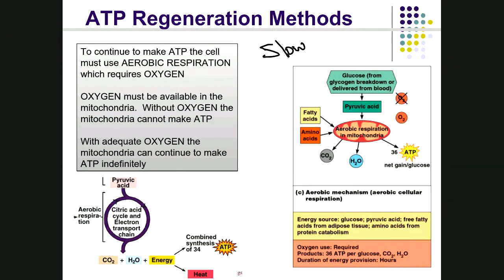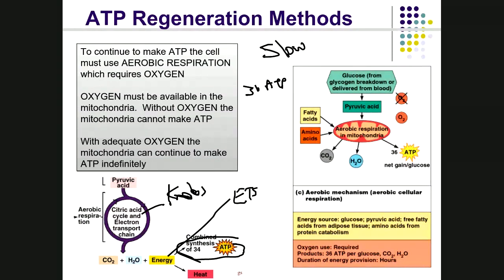And then when you get here, it's not just one or two steps, it's a bunch of steps. You have to go through Krebs cycle. You have to go through the electron transport system to get the ATP. But when you do, you get 34 more. So you get 36 ATP. So it's a high yield.